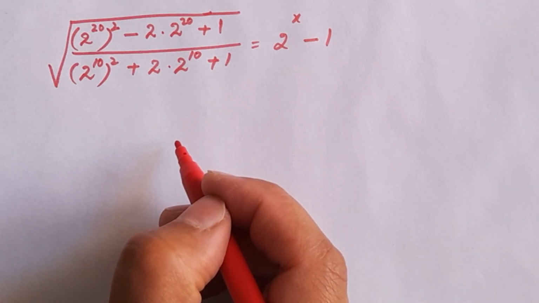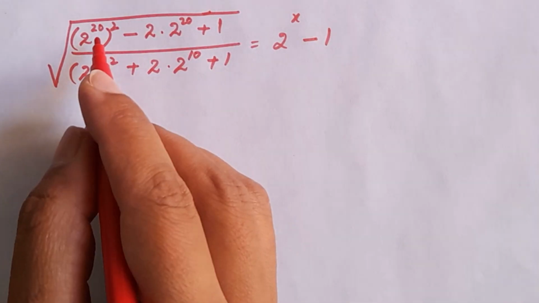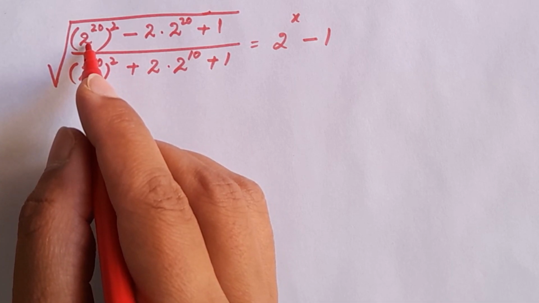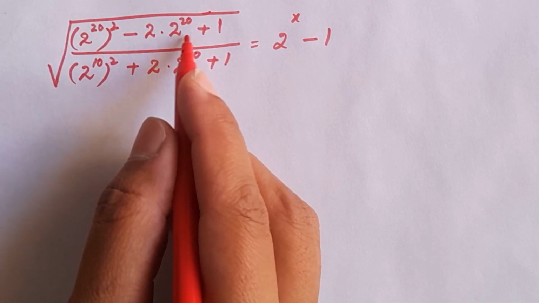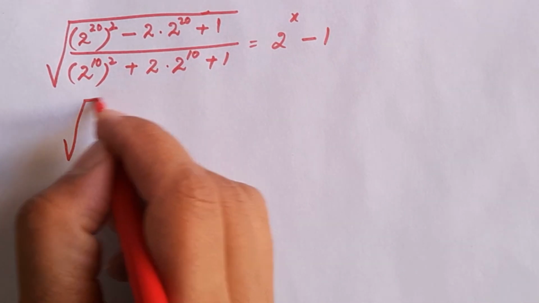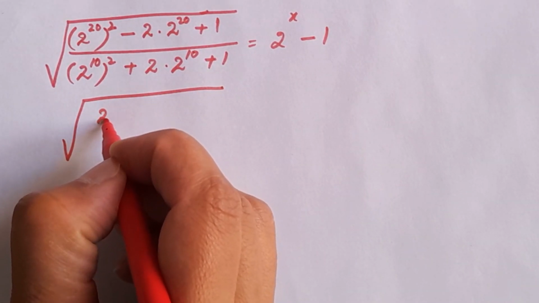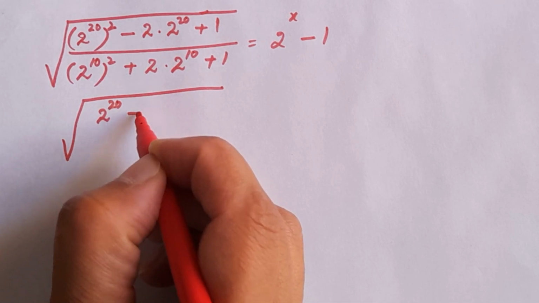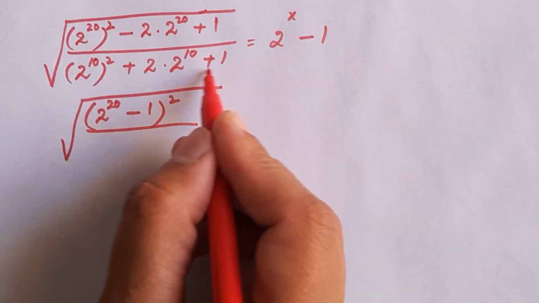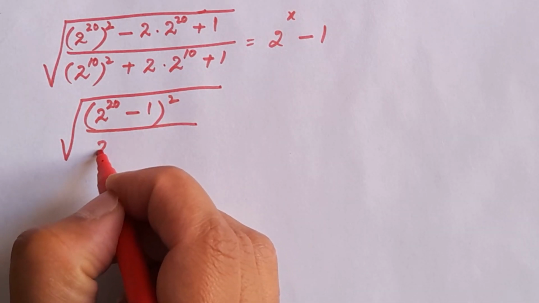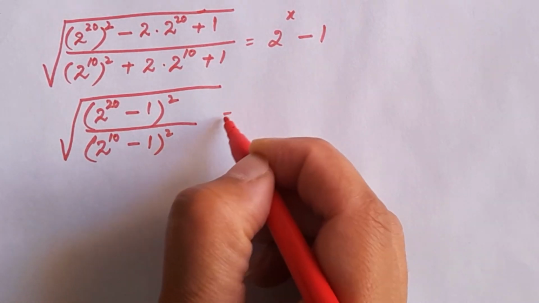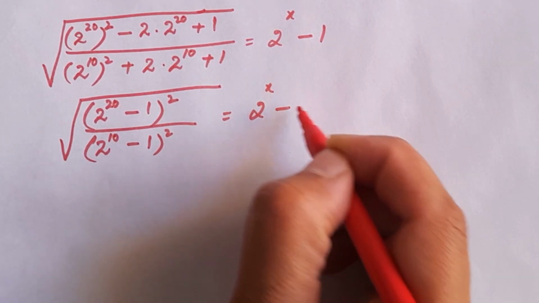Maybe some of you have noticed that in the numerator and in the denominator we have a perfect square. Here 2 to the power 20 is a, so a square minus 2ab, b is 1 here, plus 1 square. So we can write this as 2 to the power 20 minus 1 whole square, and in the denominator this is the square of 2 to the power 10 plus 1, is equal to 2 to the power x minus 1.